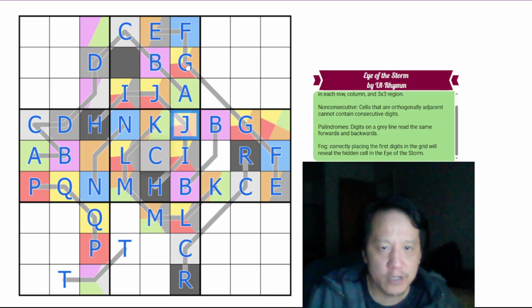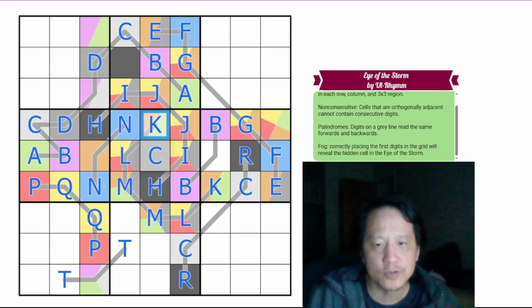That means J or G is orange, which eliminates orange from the rest of row 4. So orange cannot be in K, so K must be green. This can't be orange or green, so it's yellow or red. So K is green, so M cannot be green. So K is the same as A.